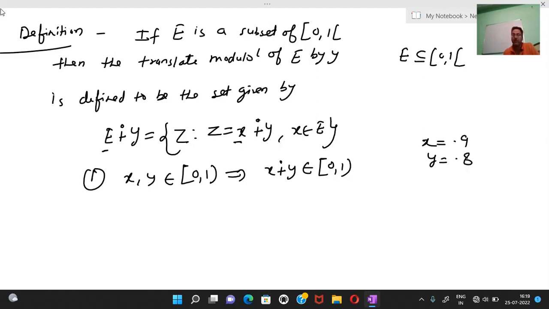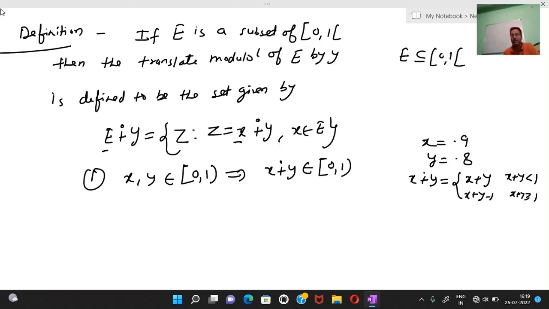Okay, then for x plus dot y, we know that we have two formulas: x plus y when x plus y is less than 1, and x plus y minus 1 when x plus y is greater than or equal to 1.